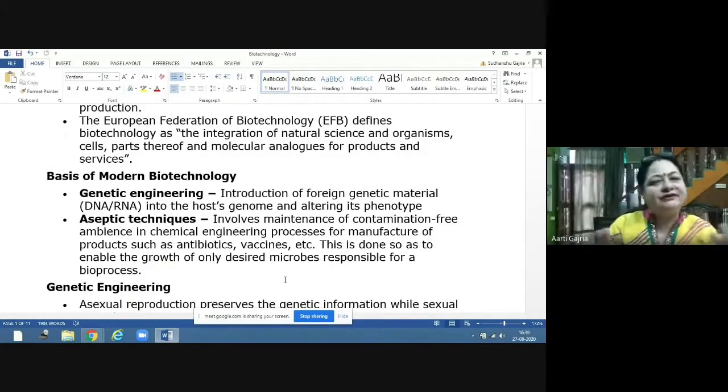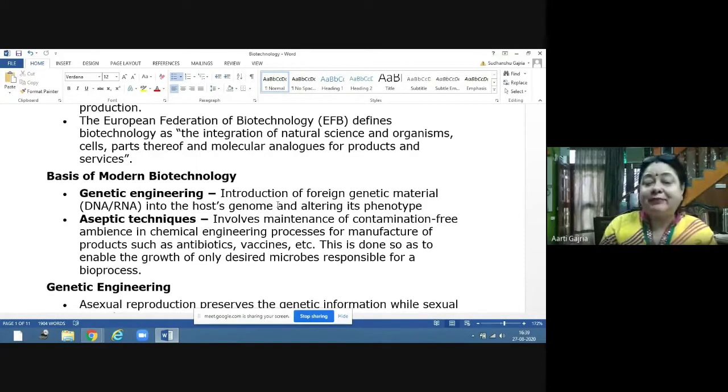I'll give you a simple example. Suppose you have seen that firefly, Jugnu. That Jugnu glows in the night. So there are some genes which are responsible for that glow. So now what has been done?